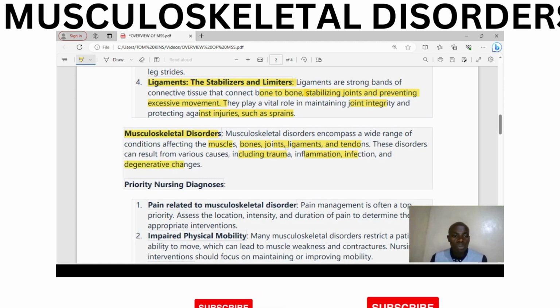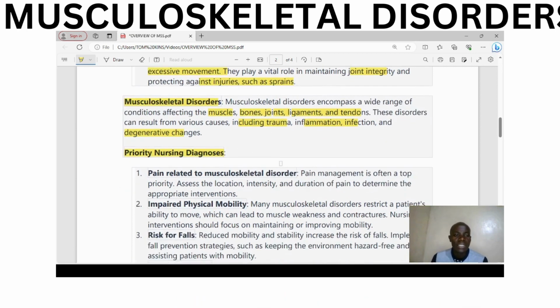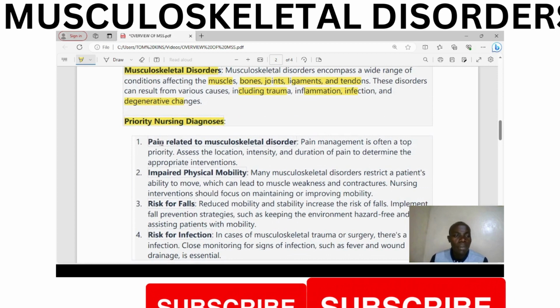When these conditions occur, we are going to have the priority nursing diagnoses that you're going to take the patient through. One of the most common nursing diagnoses is pain related to the musculoskeletal disorders.